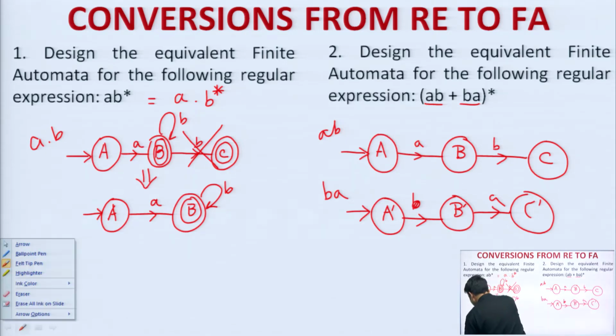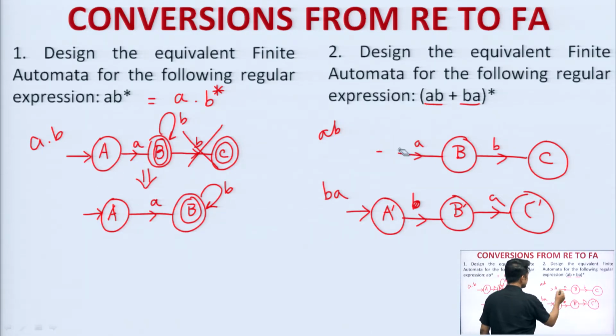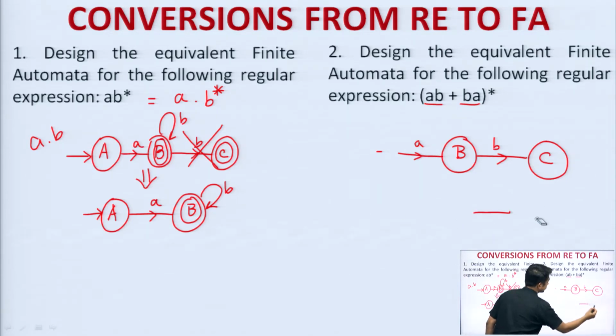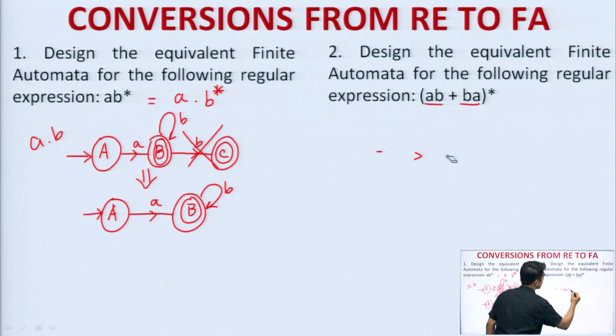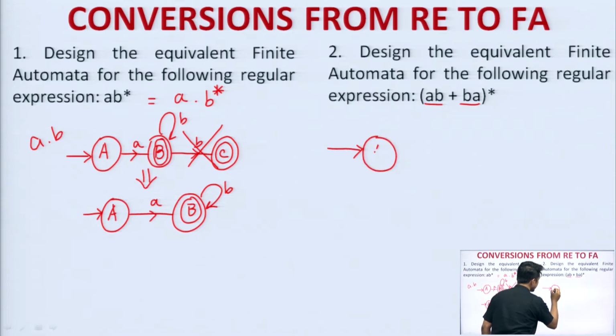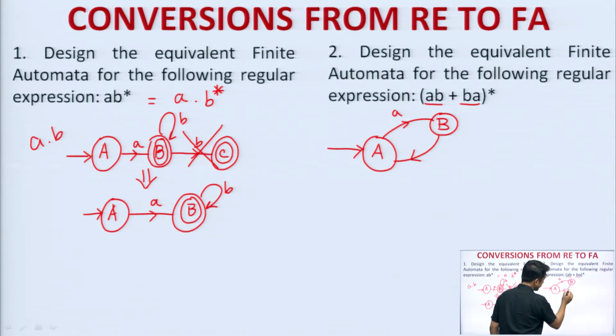See, let me erase this part and let me take one particular diagram for it. Okay, it will be like this. I will take an initial state as A, okay, and I will take one more state as suppose B, and from here it is having A transition and it is having B transition.